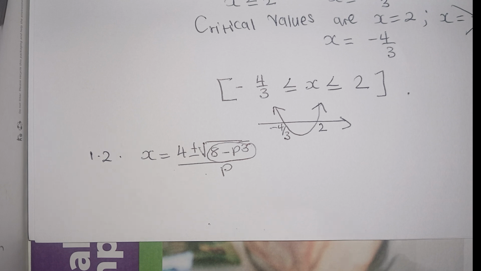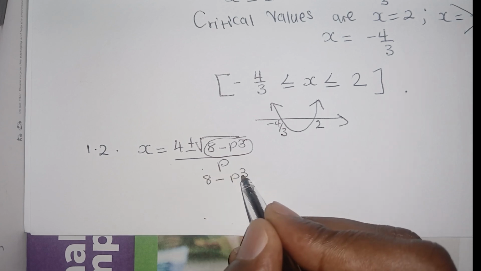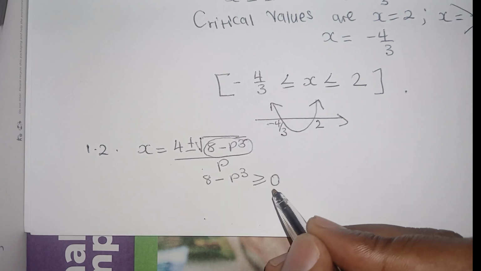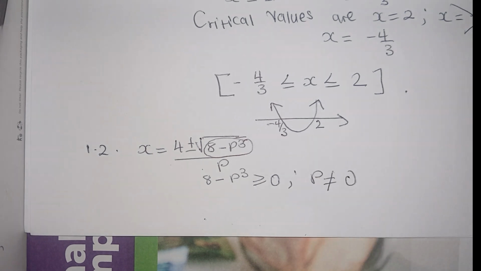So for the roots to be real, we need to make sure that whatever is inside the square root is greater than or equal to 0. Right? So we take this and say 8 minus p cubed is greater than or equal to 0. Meanwhile, p is not equal to 0. Right?